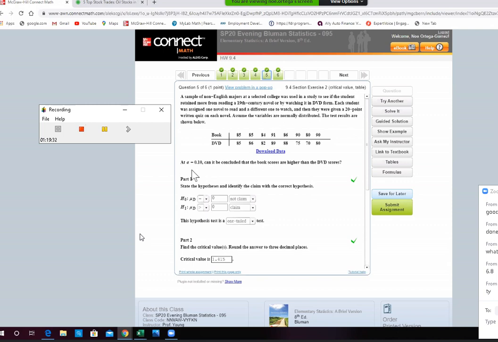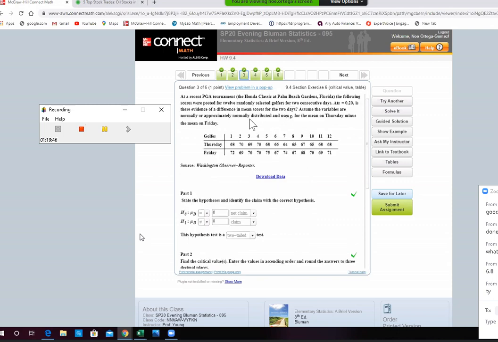Okay. And then another one with this homework. It happened to me twice, I think, where, for example, alpha's 20%. Wow, that's weird.